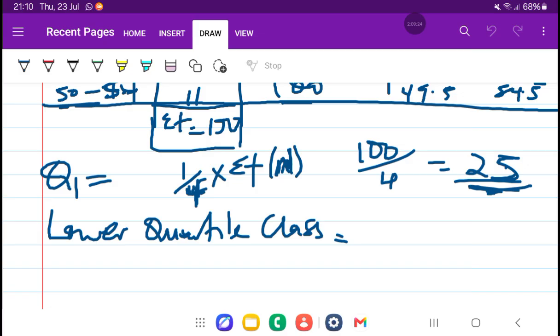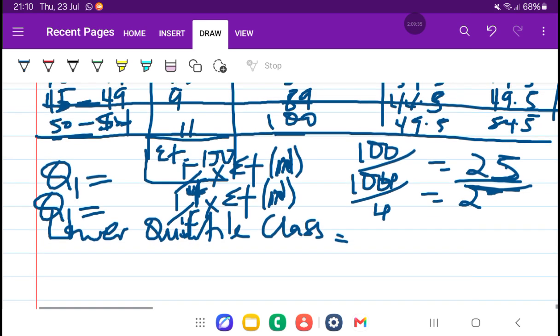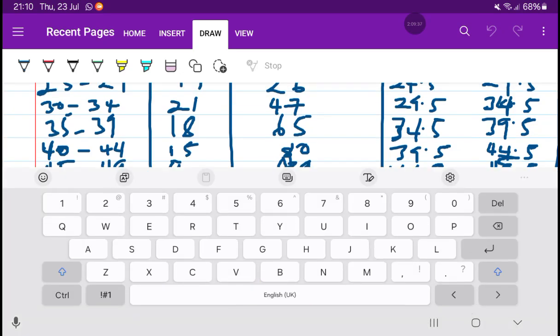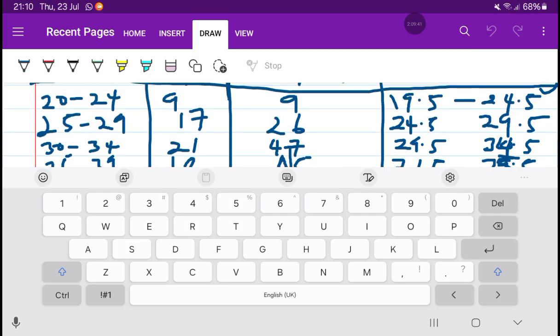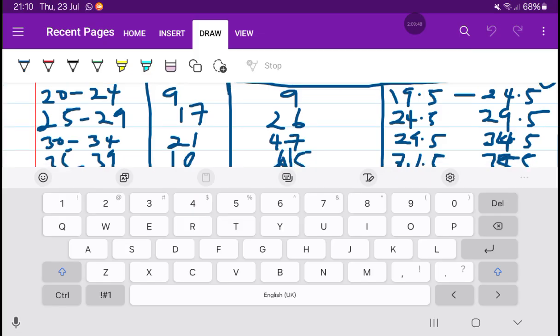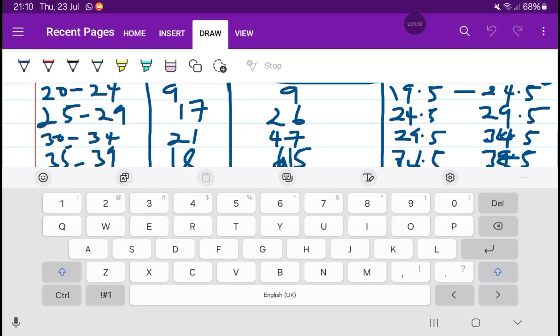26 is in a class of 25 to 29. If you look at it here, that 26 is within the class of 25 to 29.